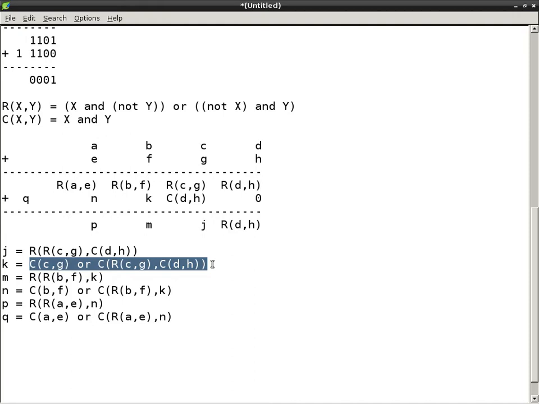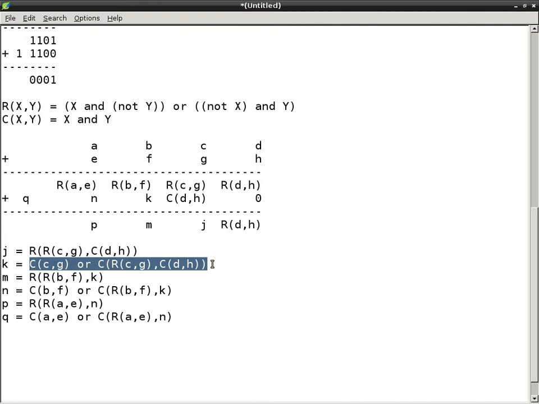This part is worse because it has to go through the NOT gate first, and then the NOT gate has to go through the AND gate, and then the output of the AND gate has to go through the OR gate to become the actual output. So there is 1, 2, 3. There are 3 delays in the second case.